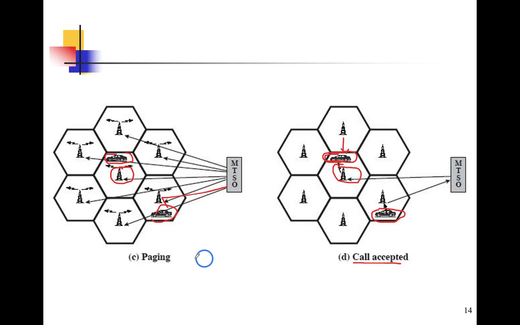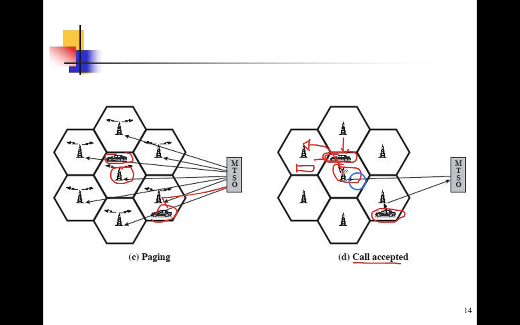It means that, for example, if this car is moving over here, imagine the car is already over here, and moves to this one. Now the base station over here needs to transfer all the information about this car into this particular base station. How? This is what we call the process of handoff.